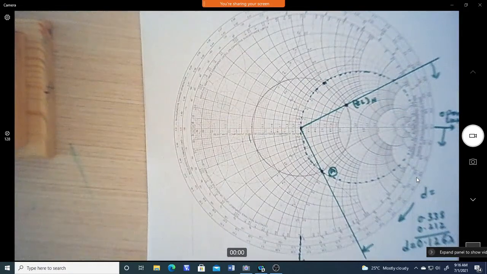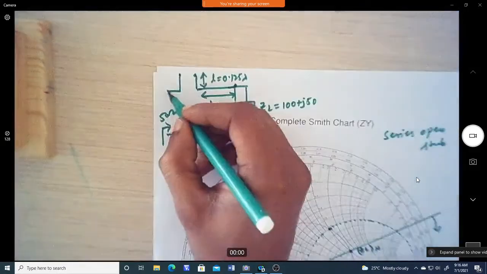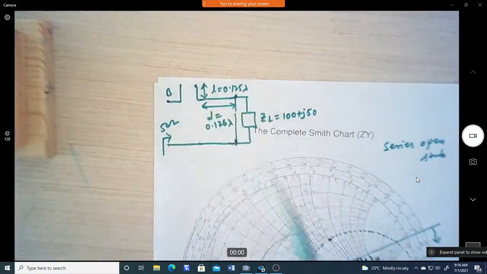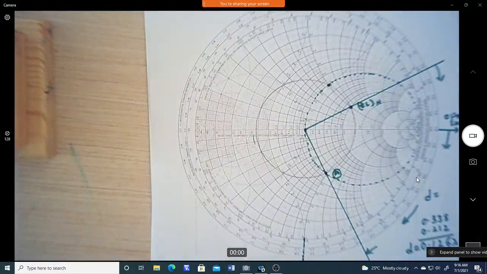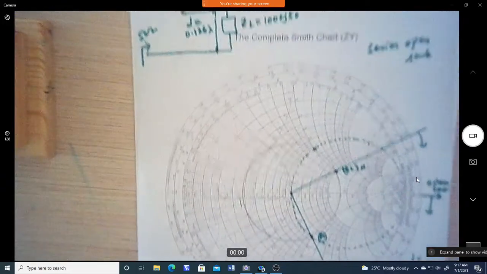If I add plus J1, then after the stub, let us take point B after stub, it will give 1. This is the normalized value, that is ZB, it will give 50. So that means plus J1 we need to add.